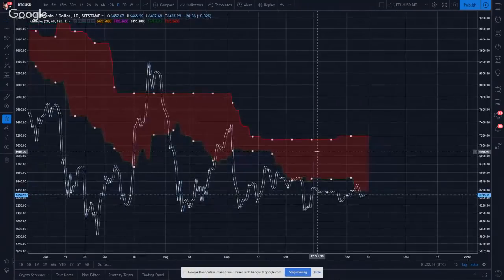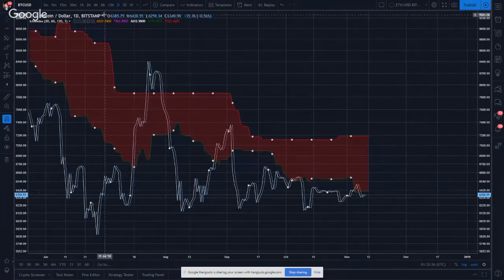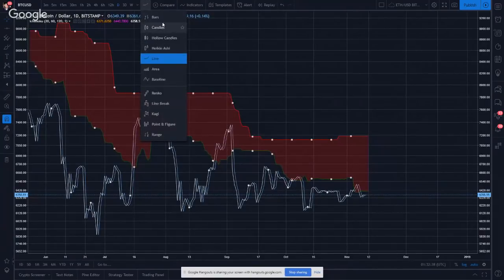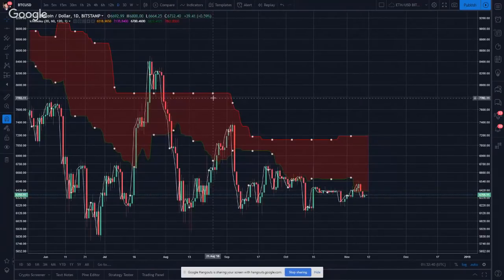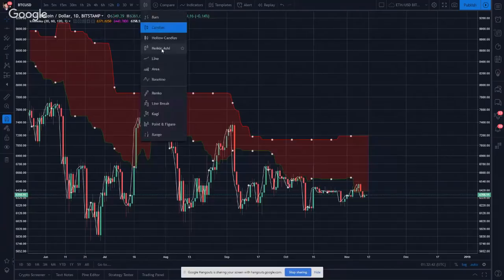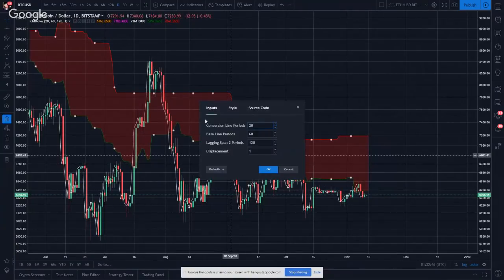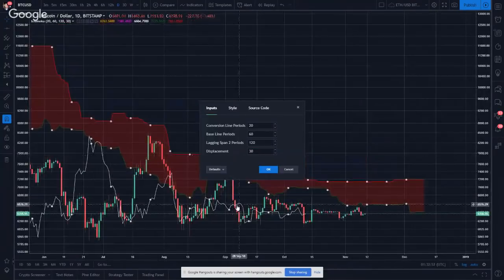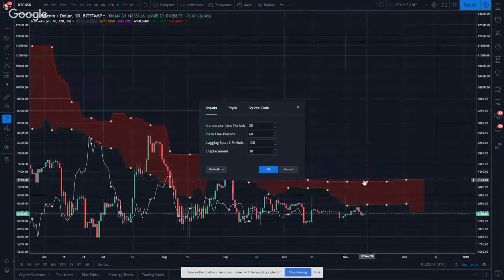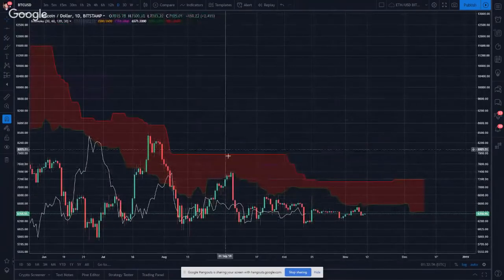You can see it matches up price perfectly if we put the price off of candles and onto line. See? I do not find this particularly useful. I'll explain why here in a second. Let me turn this back on. Displacement is back over. By the way, displacement settings affect your lagging span and also your Kumo when you adjust that. Keep that in mind.